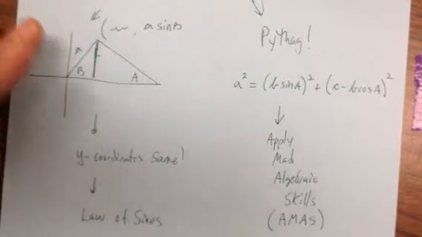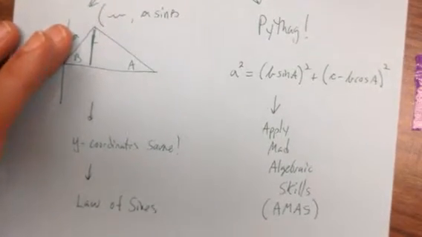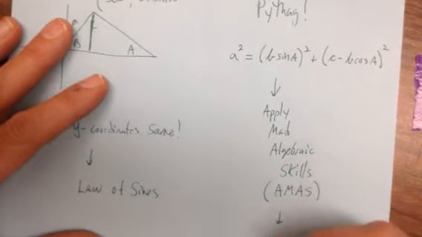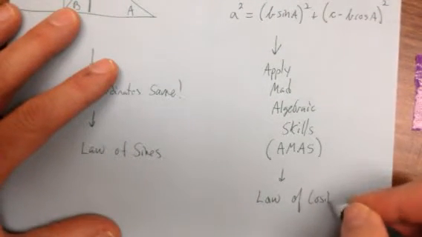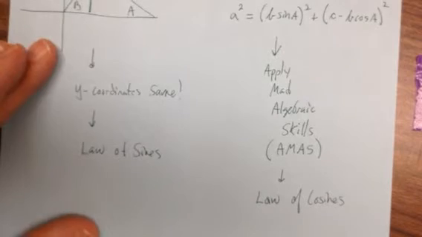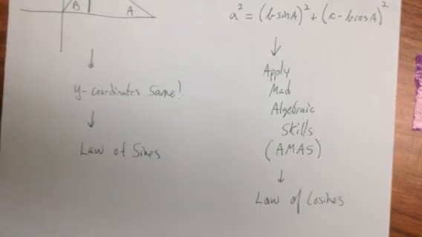Hopefully that doesn't mean something bad. Apply your mad algebraic skills, and that will lead you to the law of cosines. I will leave that application of said mad algebraic skills for you. But if you find yourself stuck, please do come ask.